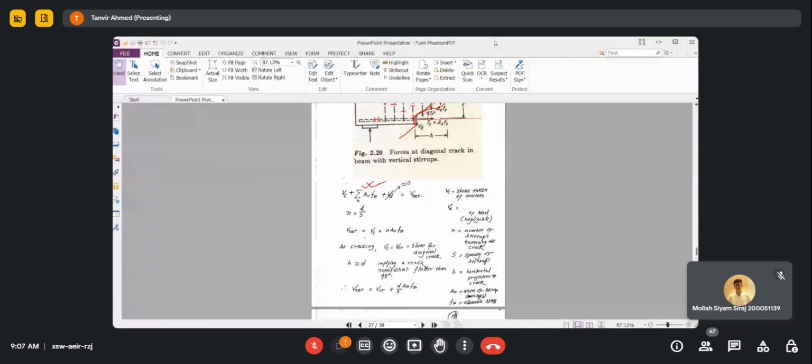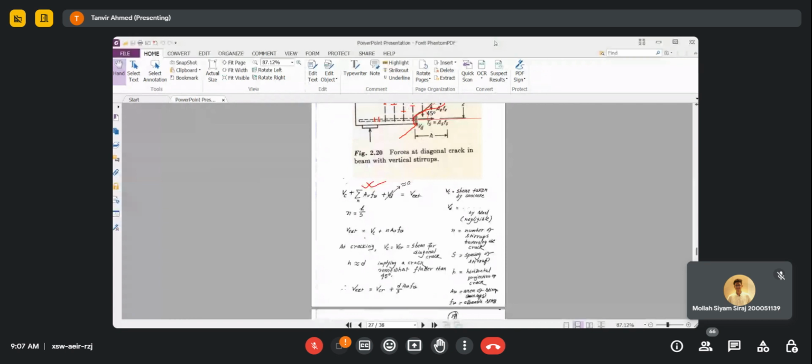Let's start again, inshallah. So what we were discussing is the shear force in the stirrups. If they're the same, say for example, then obviously the shear force in the stirrups will be simply n times AV and FV. What is AV?